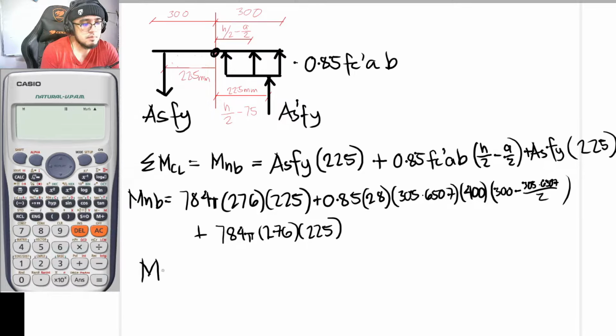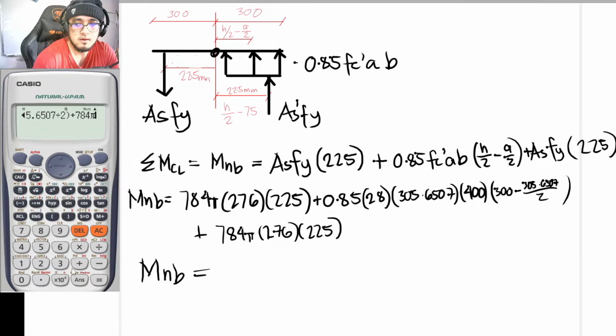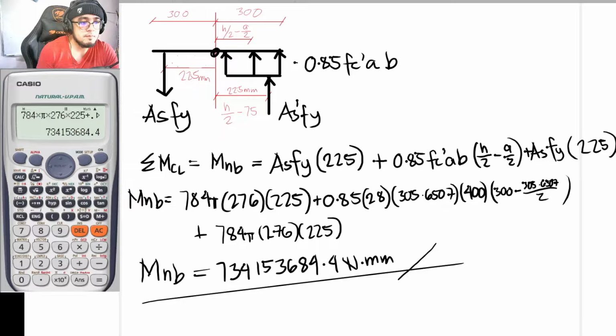Okay, so solving for this equation using the calculator on your left, my answer here is to be 734,153,684.4 Newton millimeters. So this is to be the answer for your M_nb.